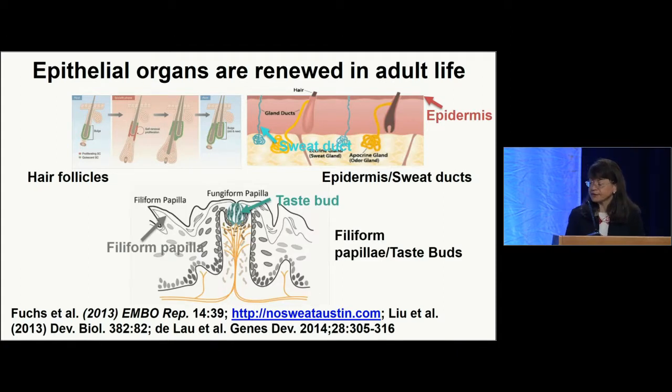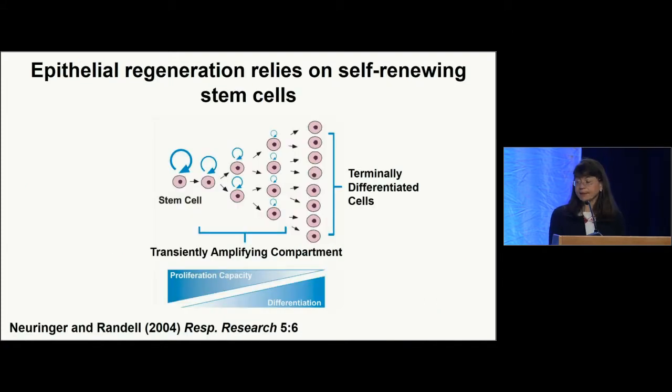Epithelia in the oral cavity also turn over, including the filiform papillae that give our tongue its rough surface, and taste buds which lie within taste papillae, such as the fungiform papillae. So it's thought that this ability of epithelia to regenerate relies on stem cells that can both self-renew and give rise to differentiating progeny. And we're really interested in understanding the signals that allow these processes to happen.